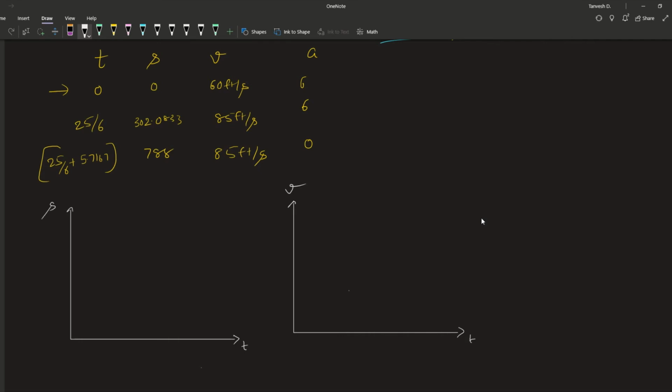So velocity at time t equals to 0, we have 0, 25 by 6, which is 4.1667, and the final time, this one, is 25 by 6 plus 5.7167, which is 9.8833.